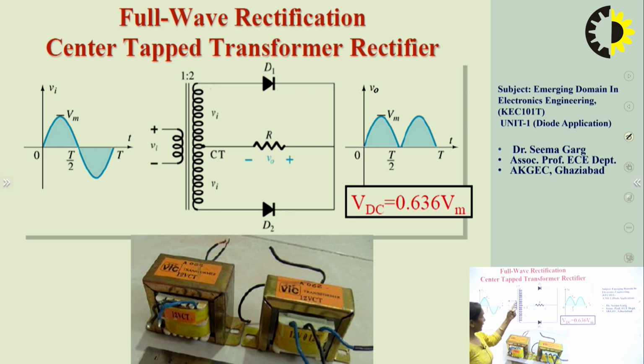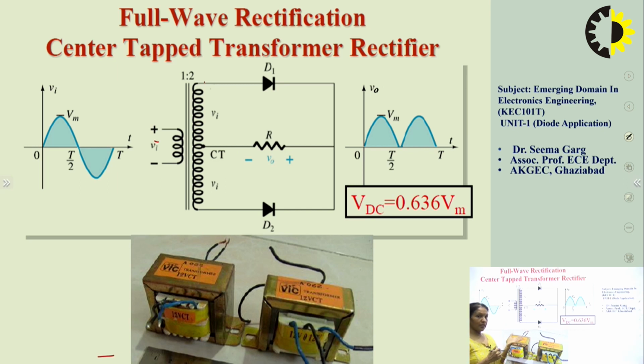Center tapped means that the secondary winding is tapped at the center of the transformer, and the number of windings in the first half are exactly equal to the second half. So both halves of the secondary winding of the transformer provide you the same voltage.